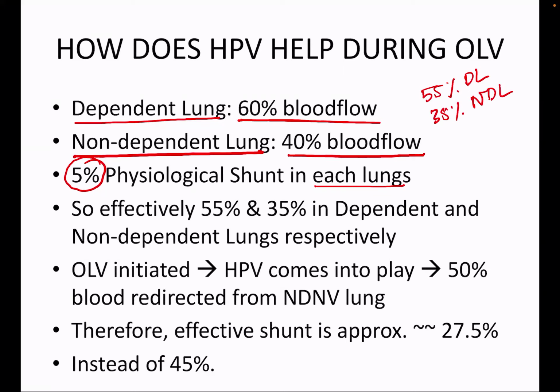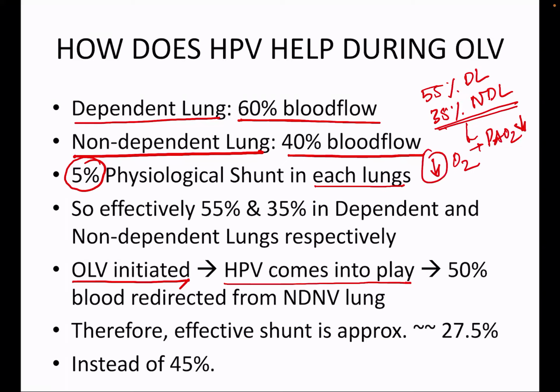Now, what happens when one lung ventilation is initiated? The non-dependent lung is devoid of oxygen, so alveolar oxygen tension is reduced, and then HPV comes into play. If there was no HPV, only 55% of the blood flow reaching the dependent lung would have participated in ventilation perfusion.